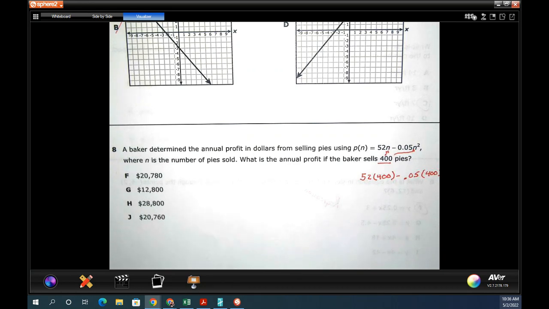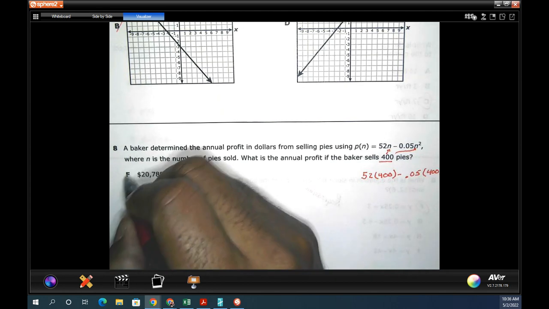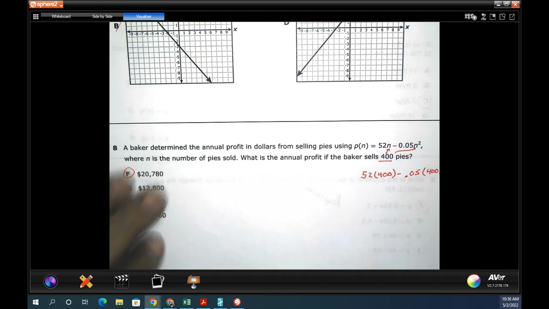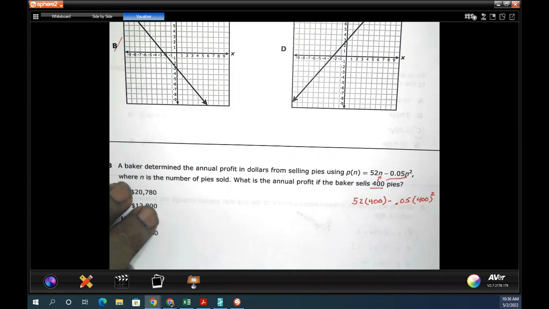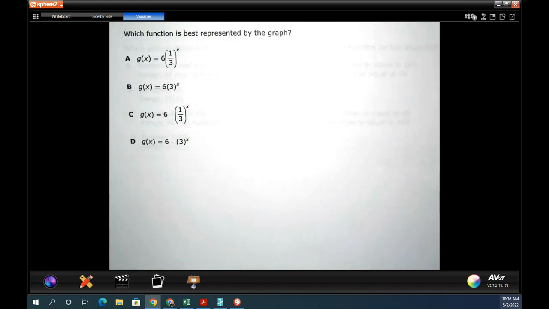That's just substituting the number in. And what do you get? 20,000 what? Yep. So the answer is F. Some of y'all aren't doing it. Better learn this. All right.